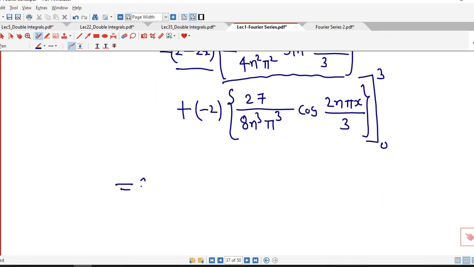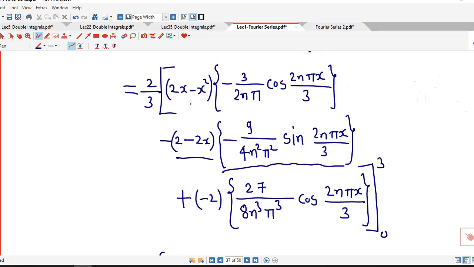So first we write 2 by 3, and here if we put x equal to 3, we have 2 into 3, which is 6, minus 9, which is minus 3. So this term has value minus 3.